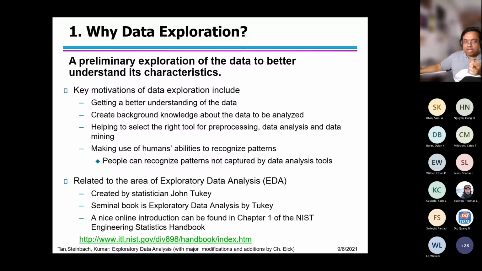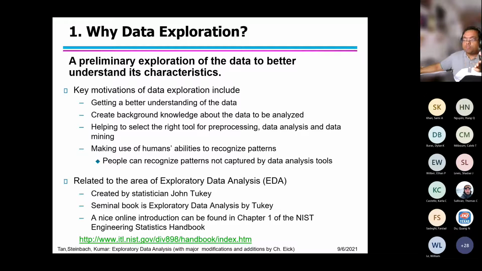But before you start analyzing the statistics and everything, you need to figure out what's going on in the data. You need to find out, are there any patterns that strike out at you? Is there anything going on that's very unusual? Are there any outliers? Is there any part of the data that makes no sense at all? Are there things that you need to drop from the data completely?